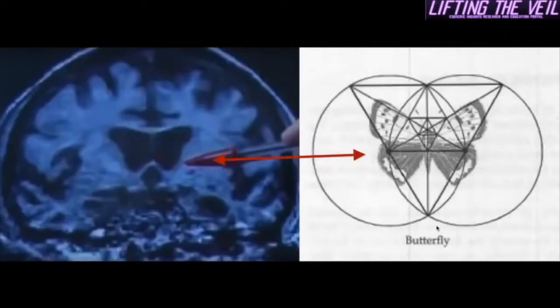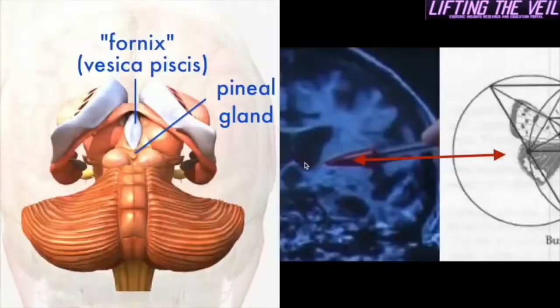And I found this image, surprisingly, as I was actually looking for the Vesica Pisces to relate to this innermost chamber here in the brain, to relate it to how certain segments of the fornix directly correspond geometrically to the vagina, as well as the pineal relating to the clitoris.